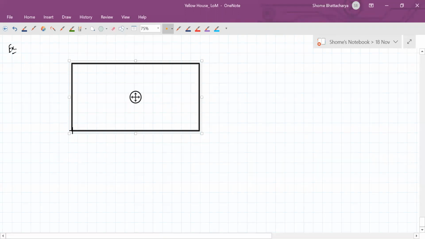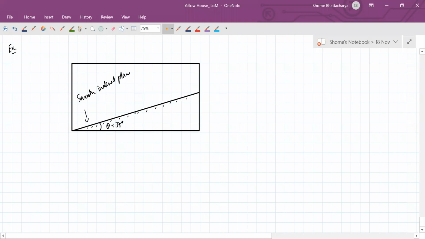So what we have is a smooth inclined plane inside an accelerated reference frame. So this is a smooth inclined plane, theta equal to 37 degrees.